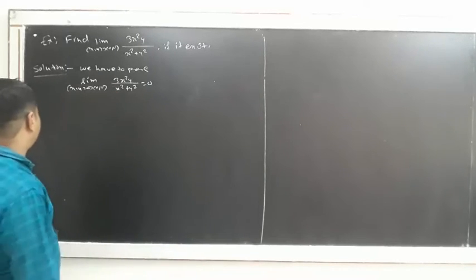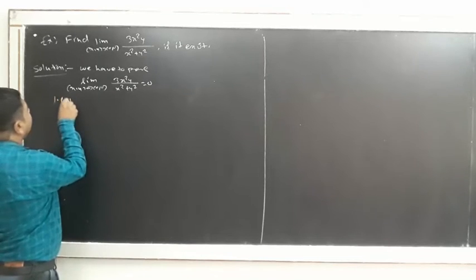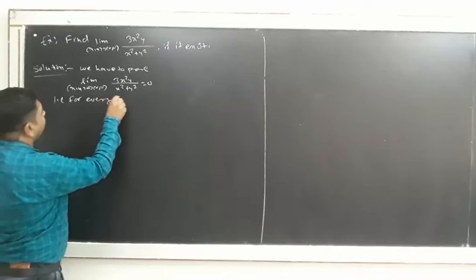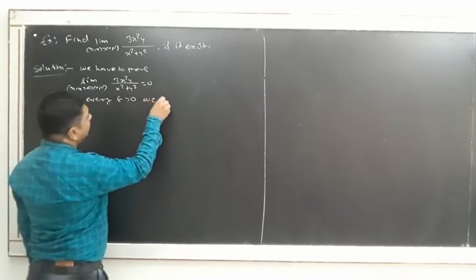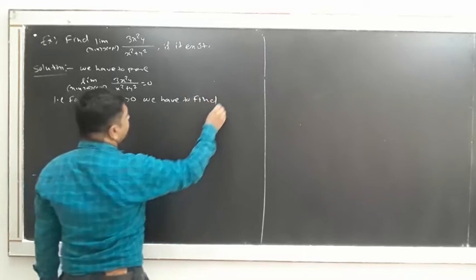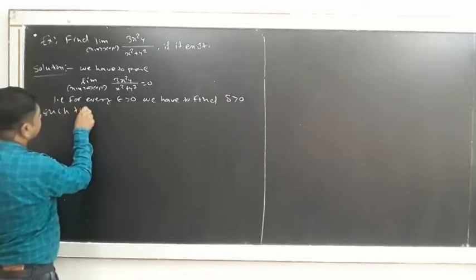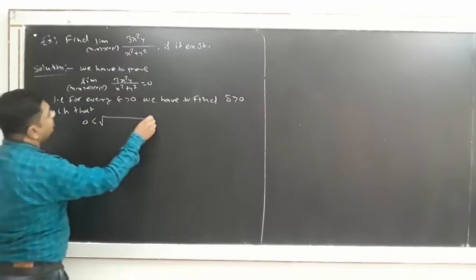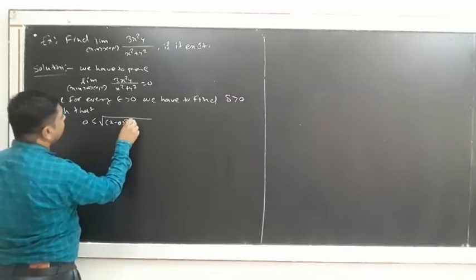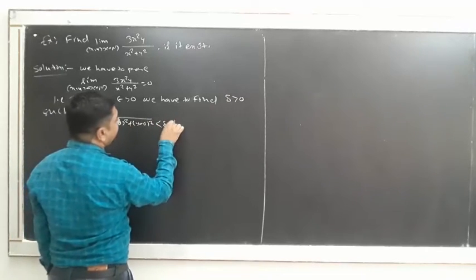But we can also solve it by the epsilon delta method. For every epsilon greater than 0 we have to find a delta greater than 0 such that 0 less than square root of (x minus 0) square plus (y minus 0) square is less than delta.